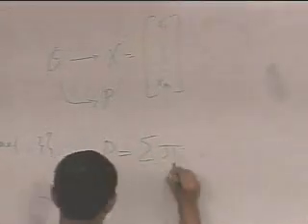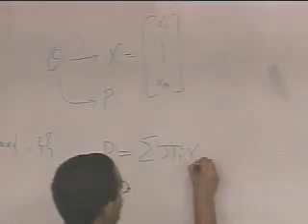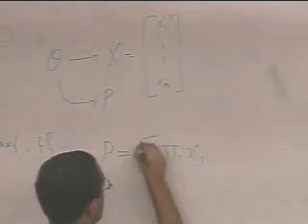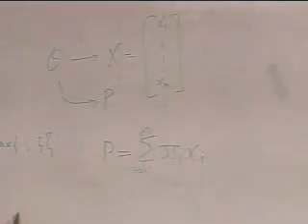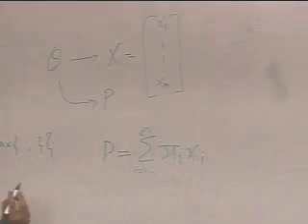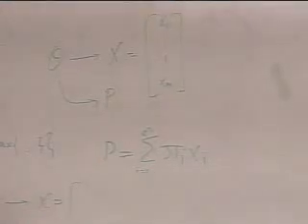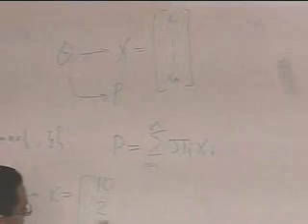Let's write it down. Let's think of theta as something that I really don't care what it is. X equals 10, 2, 1, and P equals 3.